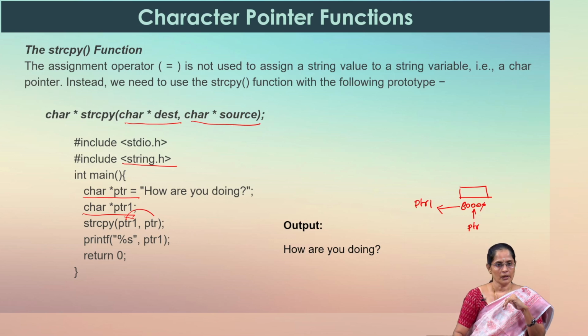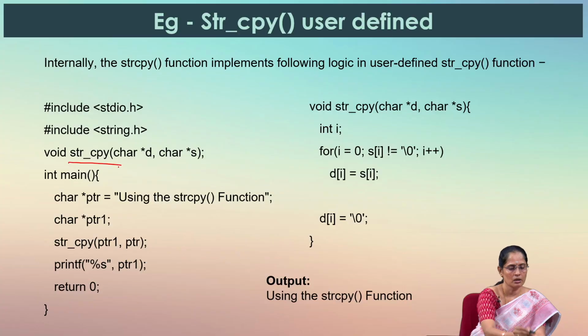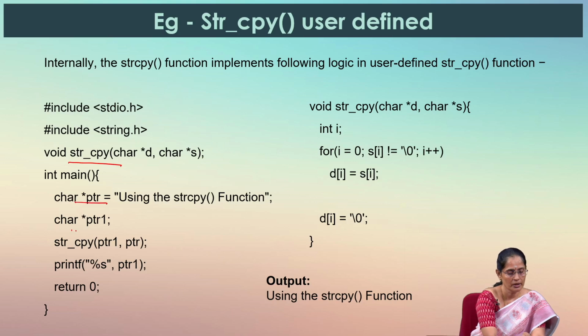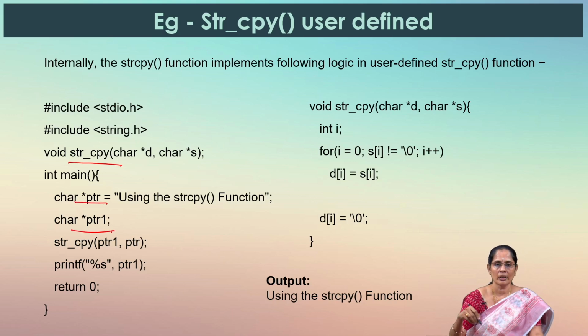So, the same string copy function, instead of using the string.h header file, we can create our own string copy, str_cpy. So, what I do, I declare two pointers ptr1 and ptr2. I am making use of my own function.